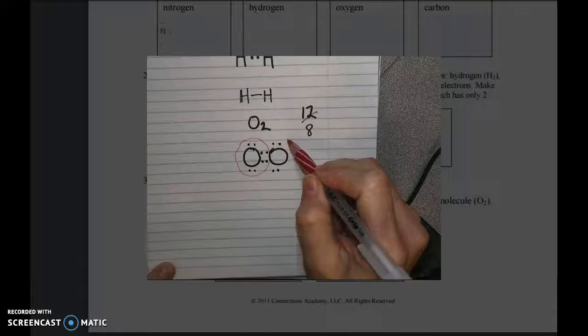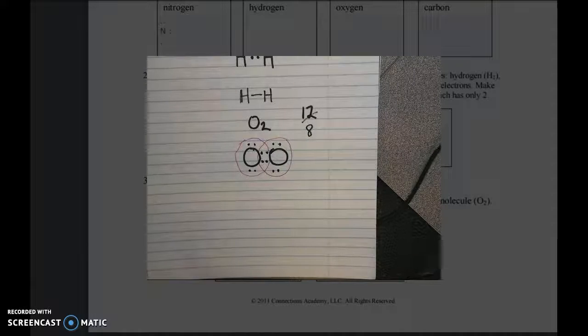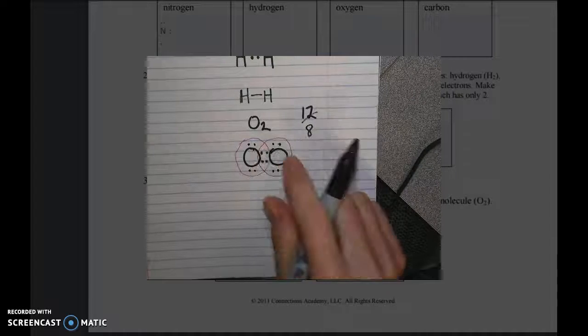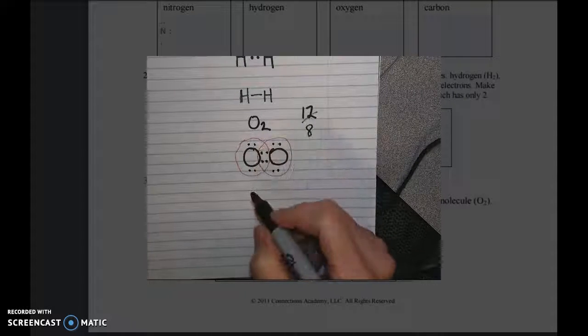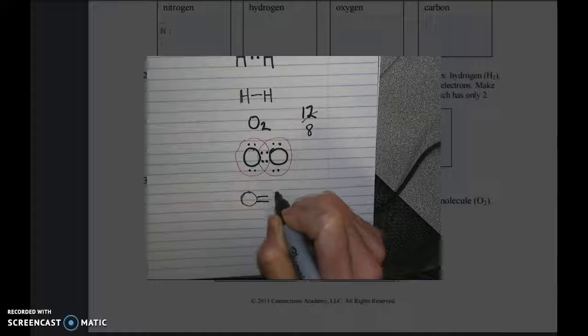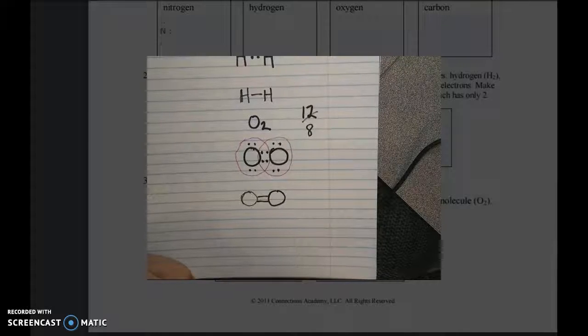And this oxygen atom has these 8. And they're sharing those 4 in the middle. So even though there's not enough electrons to go around, they can share them. Because there's 4 that are shared, that makes this a double bond. So when I draw the structure, I will draw it like that, with a double bond between them.